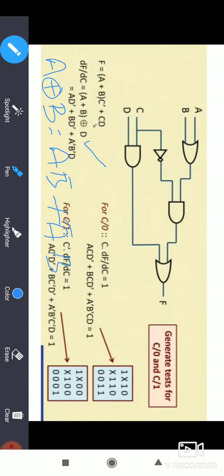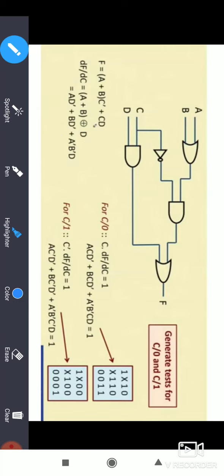Like that we get this expression. If you apply that rule here, you will get a d bar plus b d bar plus a bar b bar d.